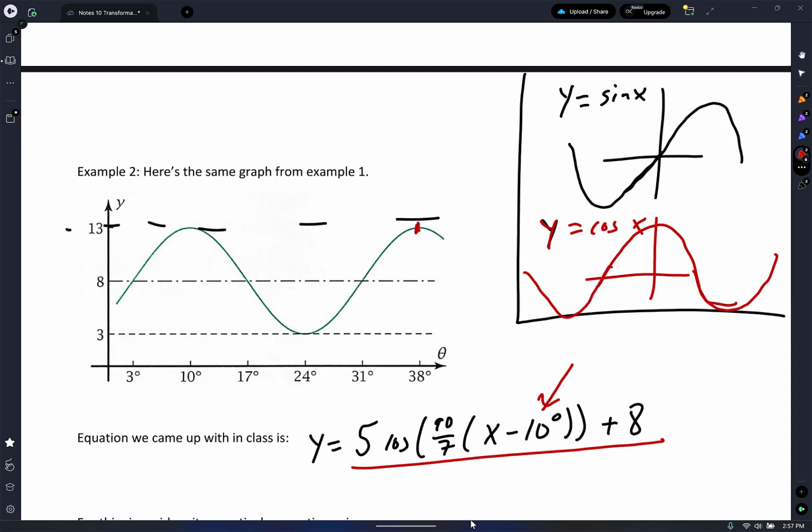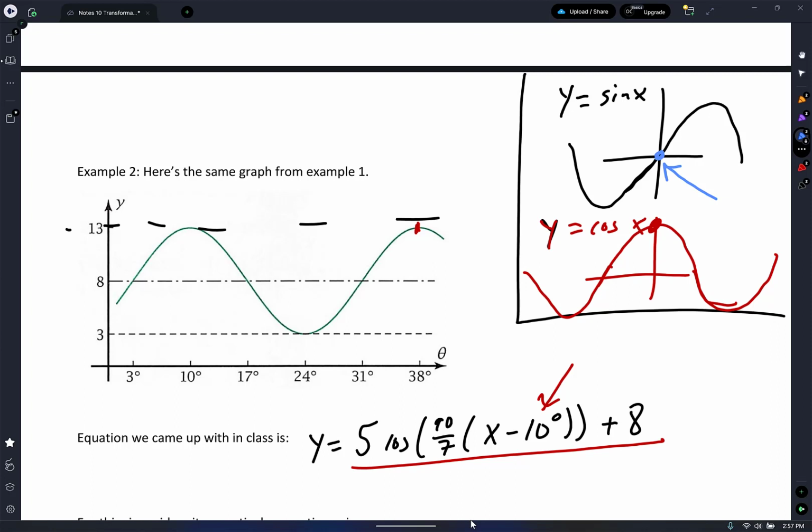It's still a wave, but here's what I want you to notice, and don't freak out. The sine x, when the x value is 0, has a point of inflection going right through the origin. Does that make sense?